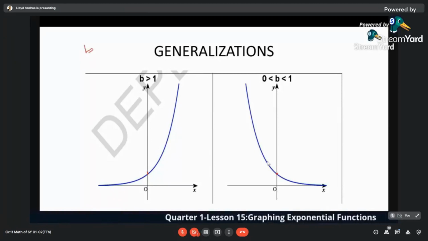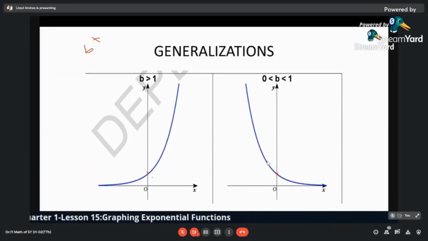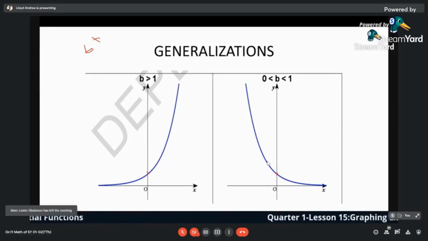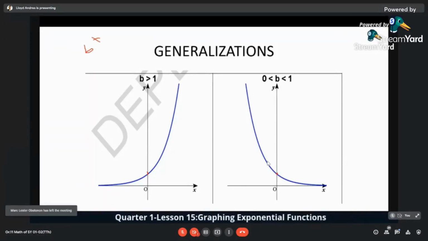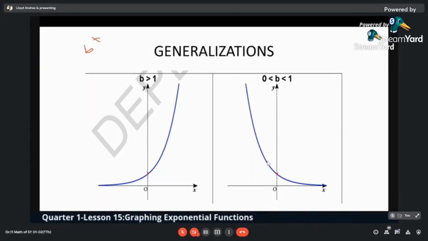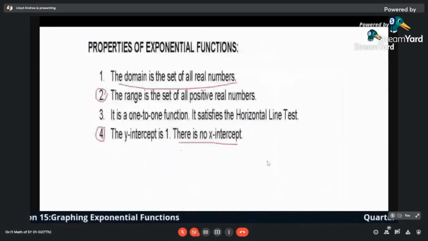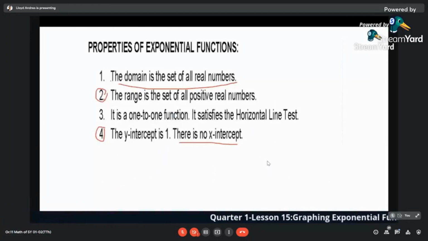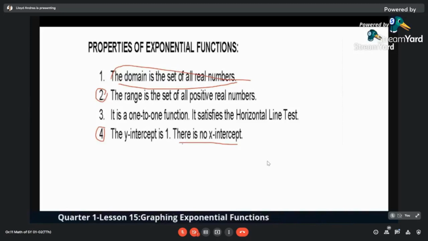And there is no x-intercept. These are fixed, just the number 1. But the y-intercept or x-intercept depends on the given.